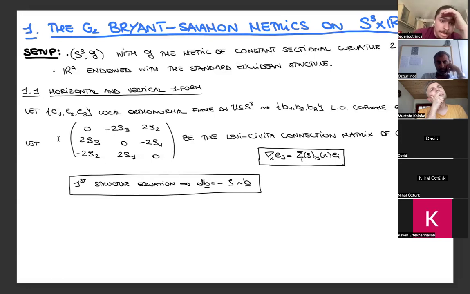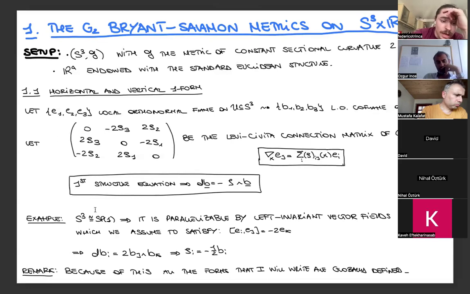Now, in the context that we will be working in, we know that S^3 is diffeomorphic to Sp(1), so it's just the unit quaternions in H. Being a Lie group, Sp(1) is parallelizable by left invariant vector fields E1, E2, and E3, which we assume satisfy the condition [E_i, E_j] = -2 E_k.